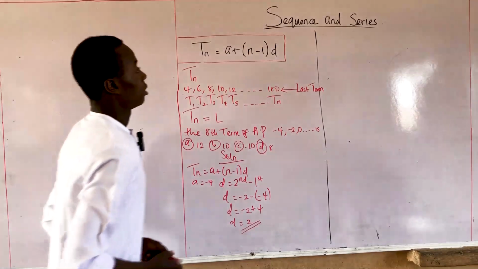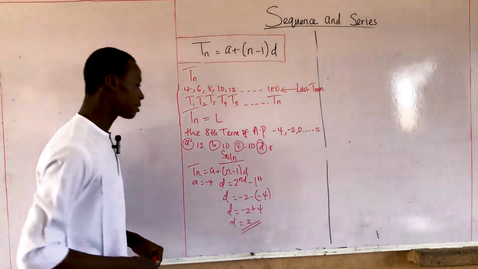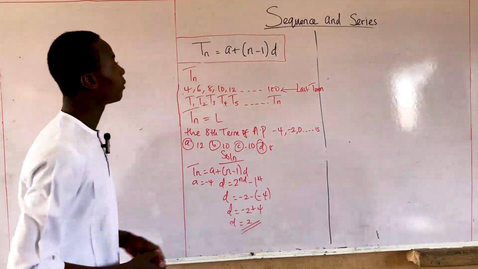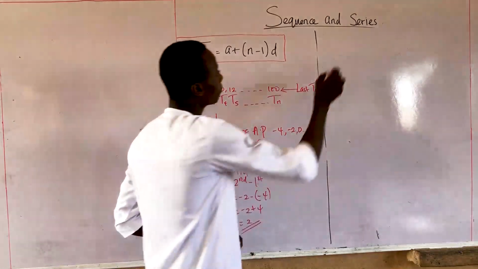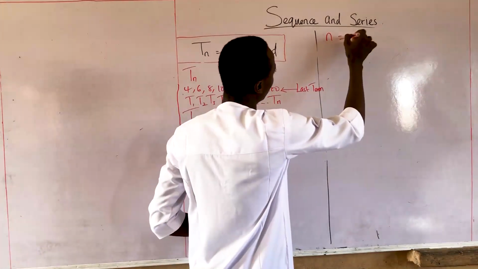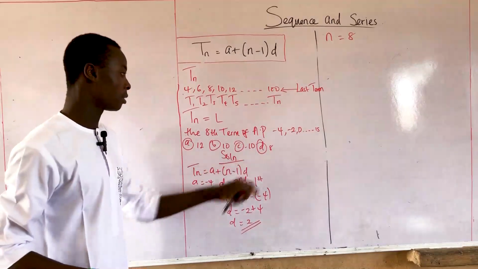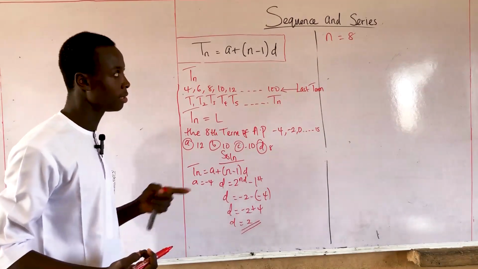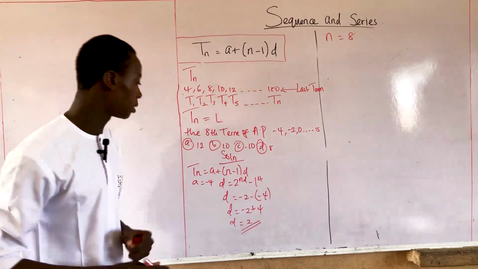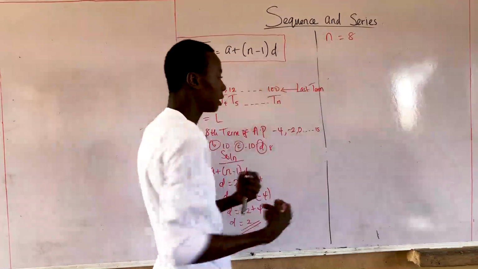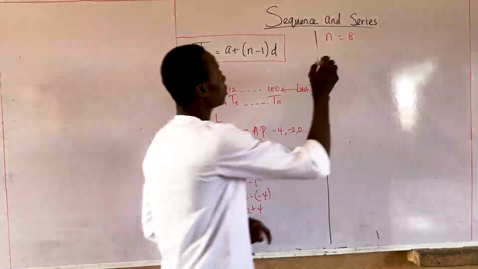So from here we are looking for the eighth term. From the formula, our n will now be equal to 8 because we are looking for the eighth term. The position of that term we are looking for is 8.